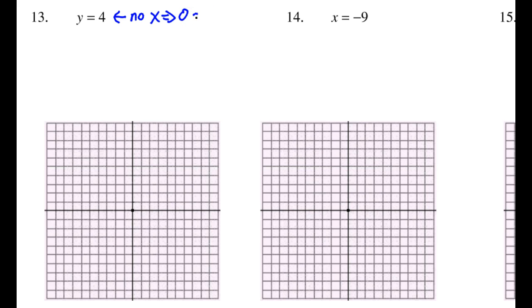So I could rewrite this as y equals 0x plus 4, which means we start at 4 once again. We don't go up or down. There's no rise. So there's no up and over. We can put any number underneath we want, like 2. So the run is 2, which means up 0 and right 2. So don't go up, just go right 2, right 2, and you can see a nice horizontal line.